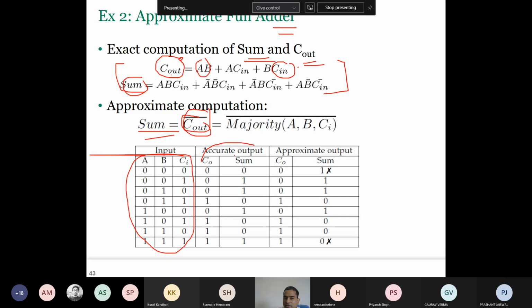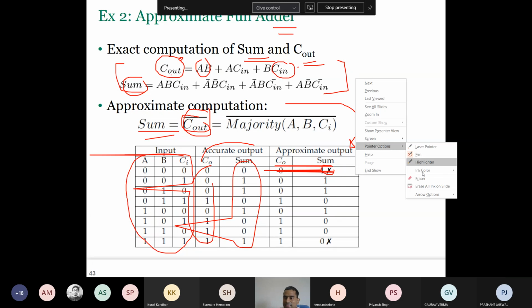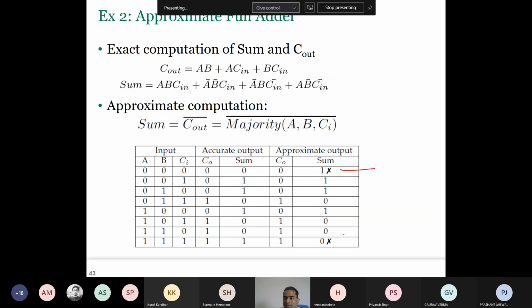In the accurate output, all the couts and sums are correct. But in this approximate computation, for 2 out of 8 cases, this case and this case, our sum is wrong. The cout is correct in all 8 cases, but our sum is wrong in 2 out of 8 cases.